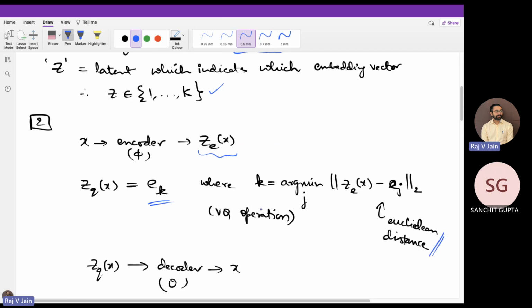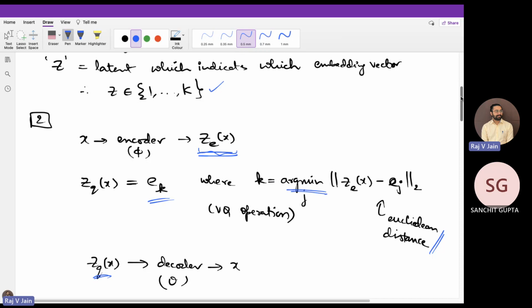This is the VQ operation, basically quantizing into a set of possible vectors. z_q of x is e_k, and that z_q is then passed to the decoder to give x. So the encoder gives z_e, pass it through an argmin operation, and then you get z_q. That z_q is passed through a decoder to get x. This is the flow of the problem.